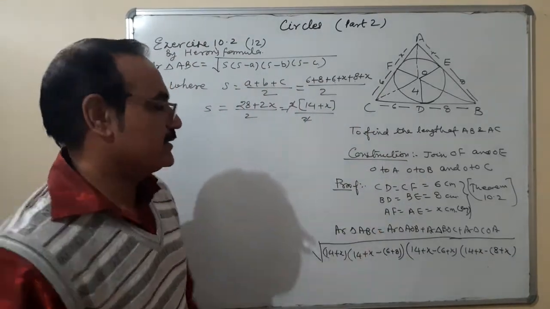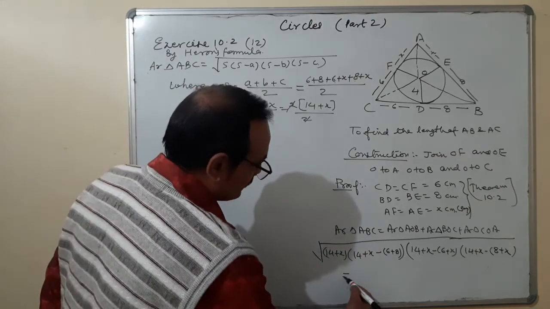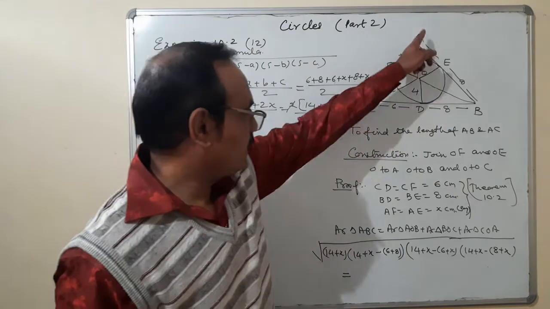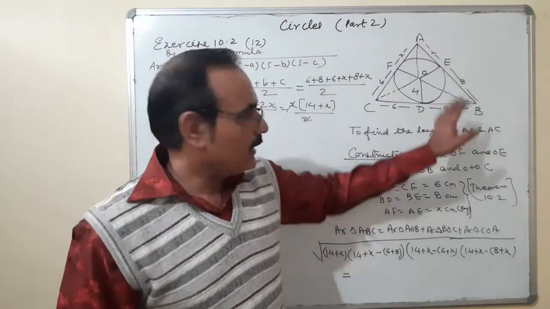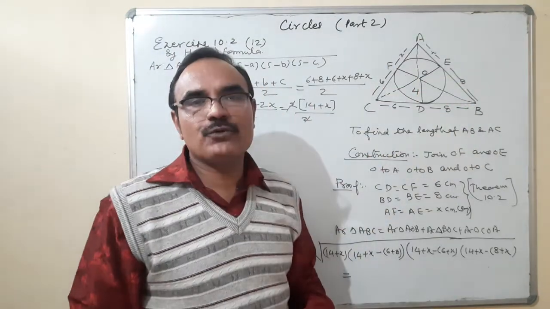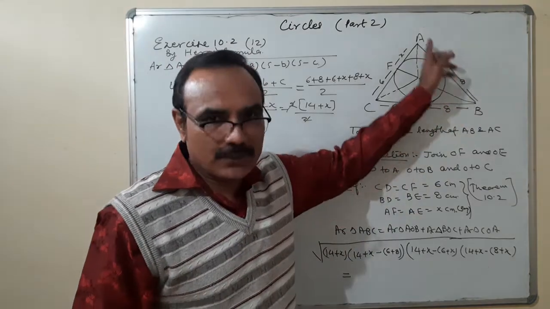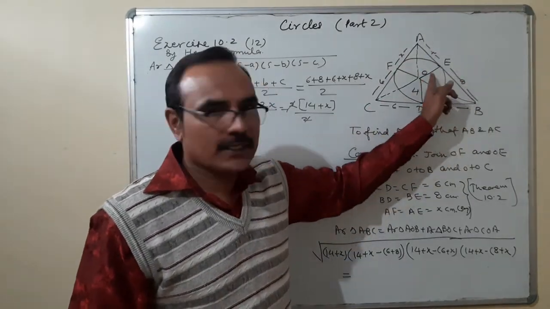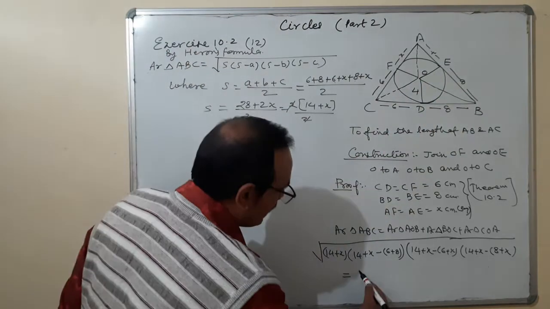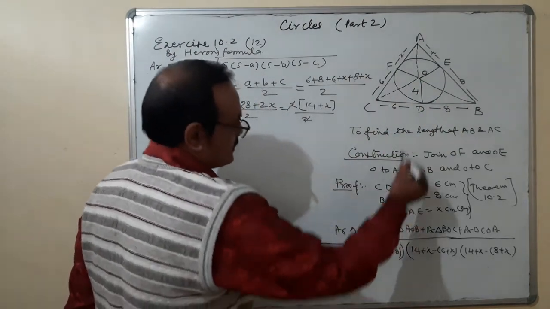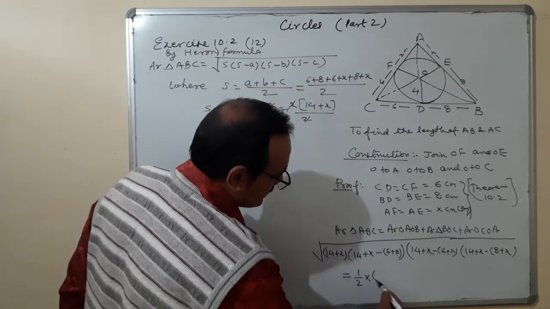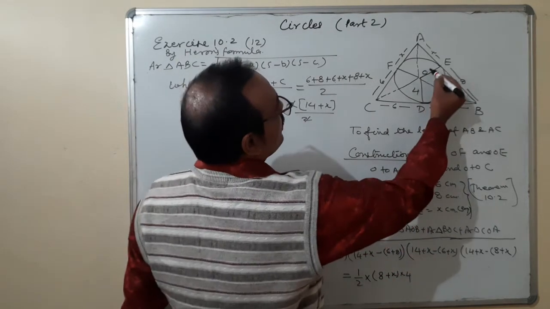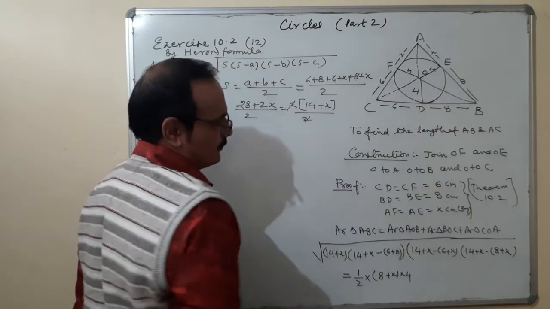Area of triangle ABC is equal to, on the right hand side, the area of triangle AOB. In this triangle, you can use half into base into height, because the perpendicular is given. I am taking AB as the base. What is the height? OE is the height. Half into base, base is 8 plus x and height is 4, because the radius is 4.